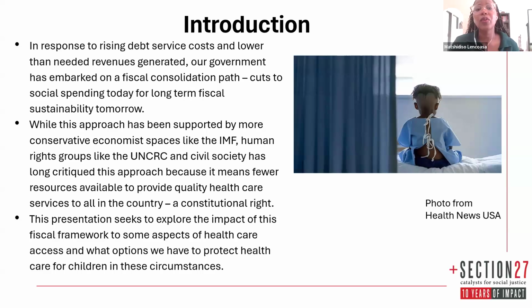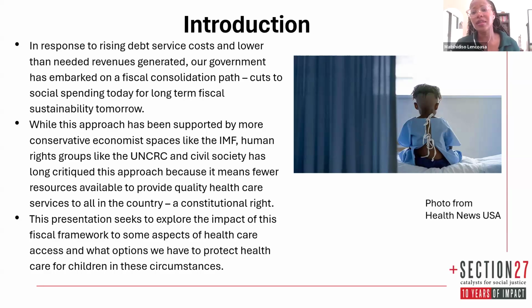We also know that we've been on this path of fiscal consolidation since before the pandemic. So it's been about 10 years, maybe 11 years since the government has undertaken this, and we're not really seeing the returns. We're just seeing reduced resources available to provide access to quality healthcare services, but economic growth hasn't really been stimulated in that way.